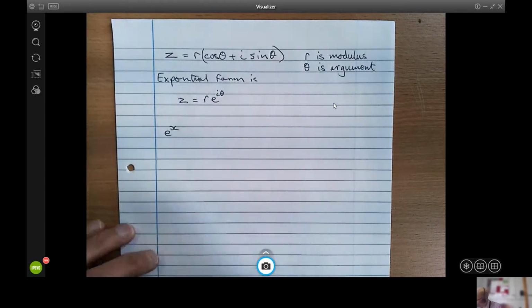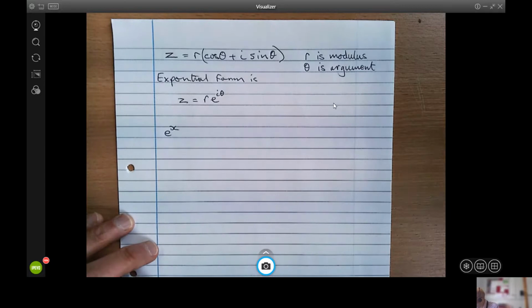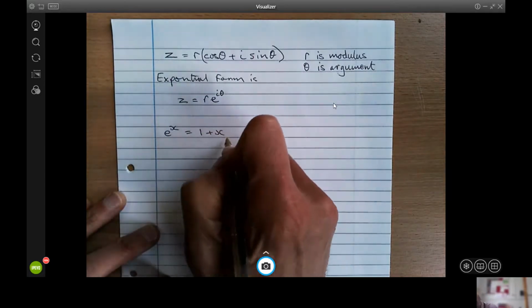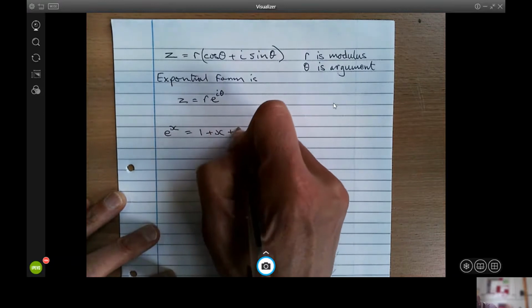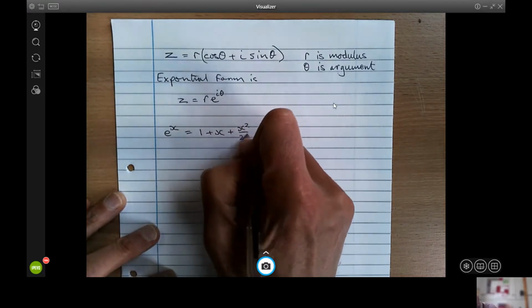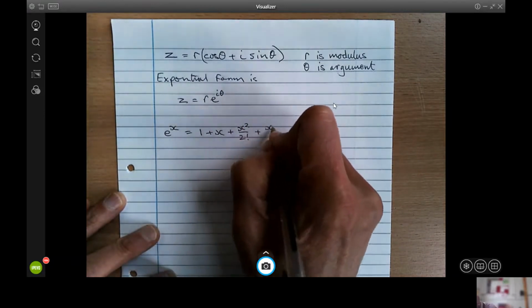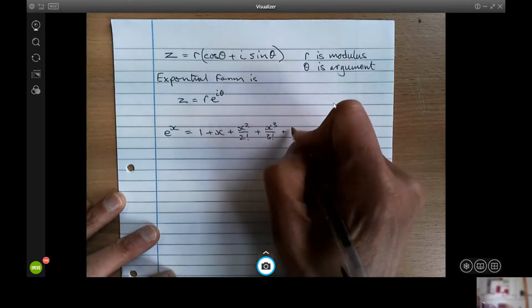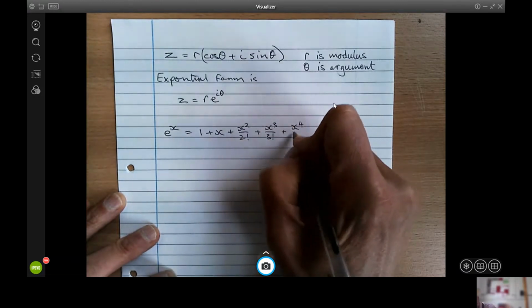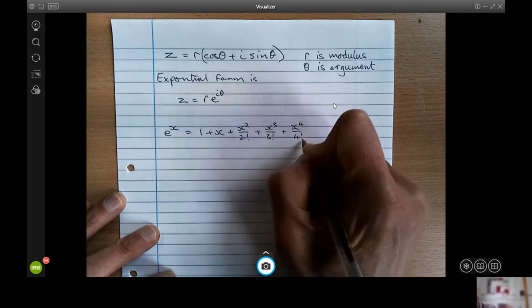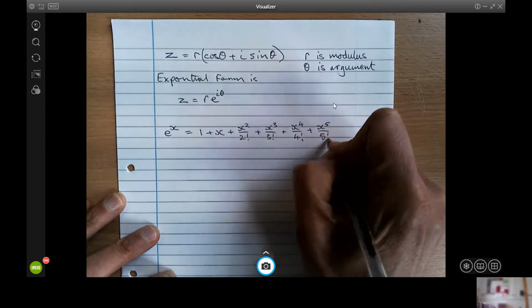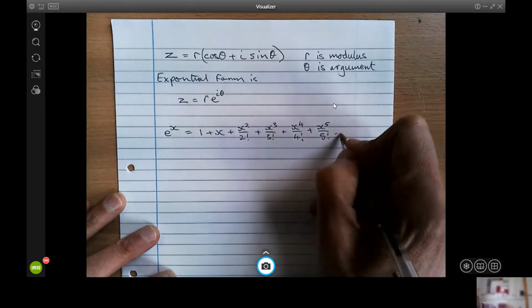This is the Maclaurin series for it: e to the x is equal to 1 plus x plus x squared over 2 factorial plus x cubed over 3 factorial plus x to the power of 4 over 4 factorial plus x to the power of 5 over 5 factorial, and so on.